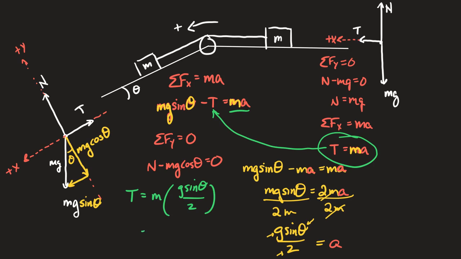It'd be nice to clean it up and have mg sine theta over 2. That'd be nice. But you don't have to. Again, sine doesn't have any units, but mg, well, that has units of newtons. So my answer's tension is supposed to be in newtons. That seems good.